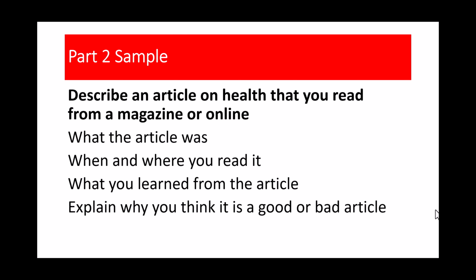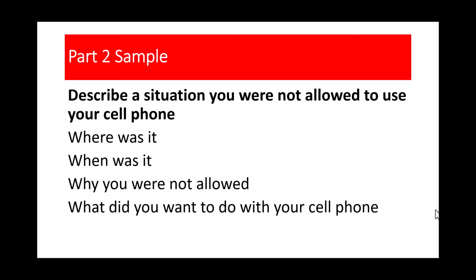Or it can be about an article that you have recently read in a magazine or an online newspaper. Or about this topic, a situation you were not allowed to use your cell phone.